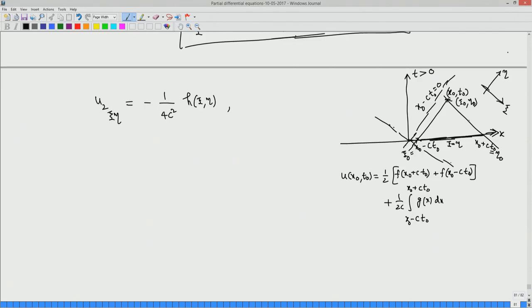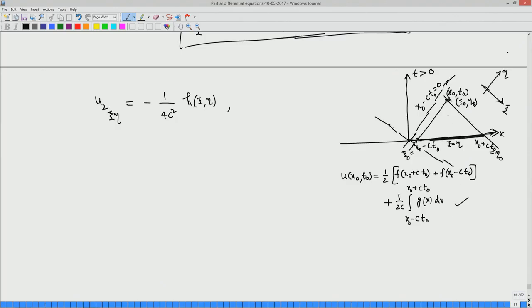If you want a solution at x naught, t naught, from this D'Alembert solution you can see that it depends on the initial data here. For that matter, any point inside this triangle depends on this data. This is the domain of influence, the triangle area, and this is the domain of dependence for the solution.